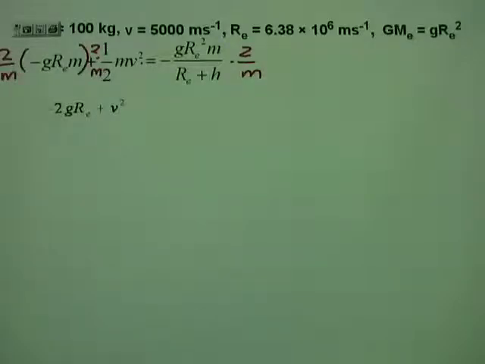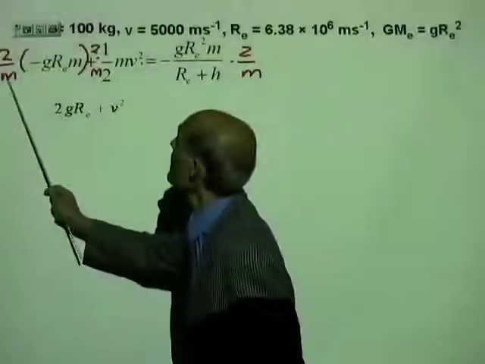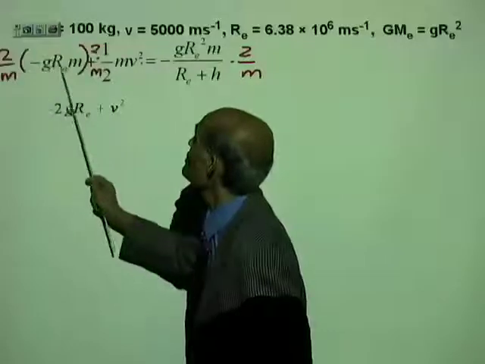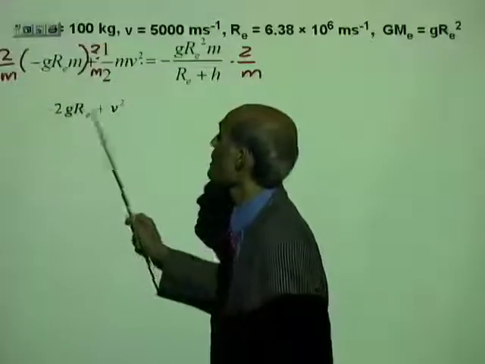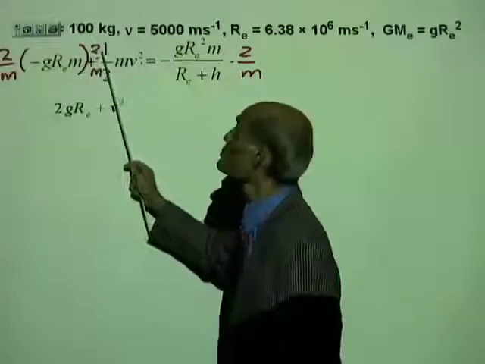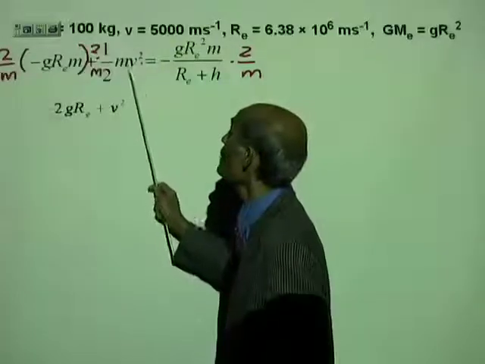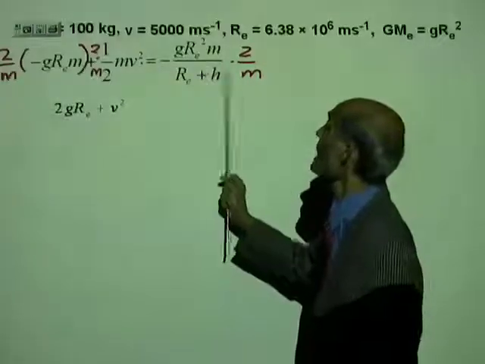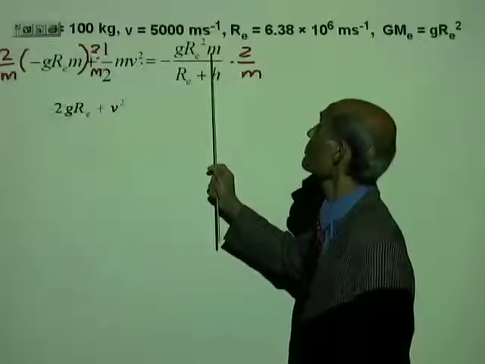Now, this gives you negative 2 g RE, and in here m and m cancel, 2 and 2 cancel, leaving a v squared, equal to what is here. M and m will cancel.